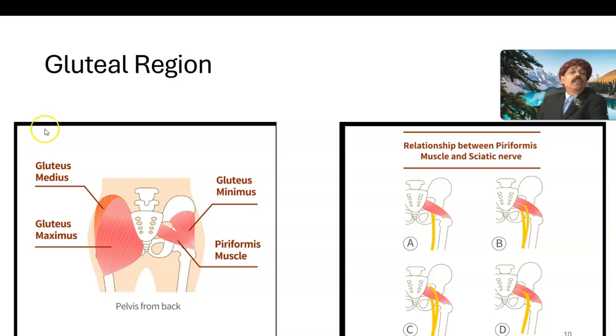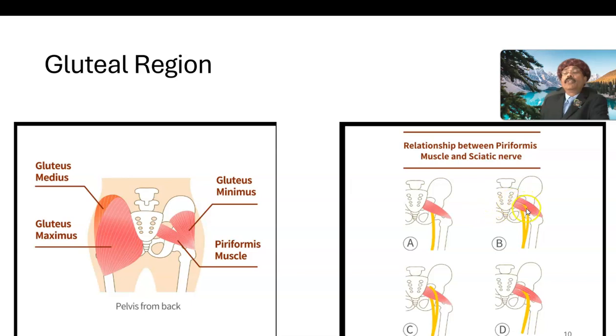Okay. Gluteal region, we have the muscles gluteus maximus, medius, and also minimus. Minimus is deep to the medius. And this is the piriformis muscle. Relationship between the piriformis muscle and the sciatic nerve: usually, the sciatic nerve comes out of the pelvis below the piriformis, but it may be split.